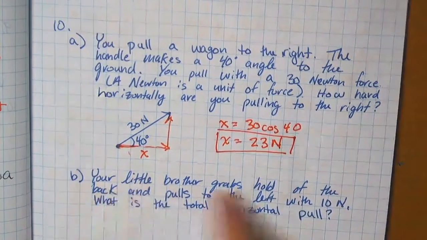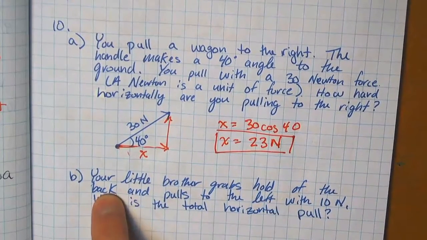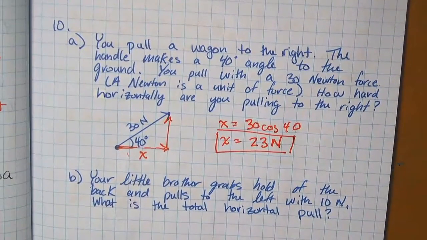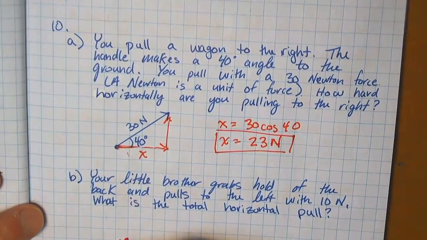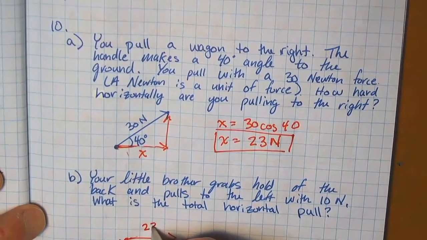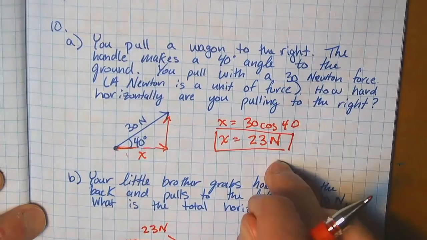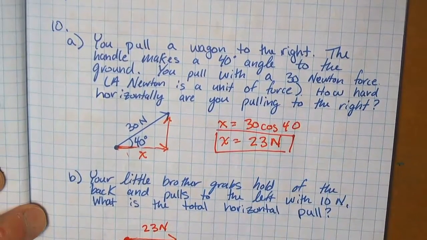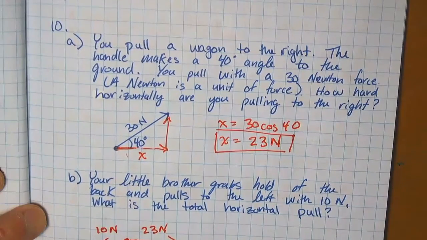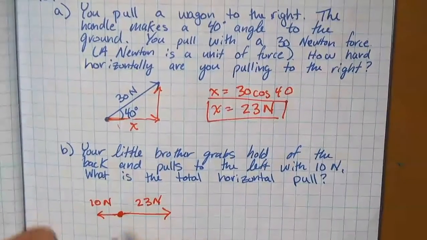Okay, so now it says your little brother grabs hold of the back and pulls to the left with 10 newtons. What is the total horizontal pull? Basically, I'm pulling to the right with 23 newtons, which is what we just found here. My brother is pulling to the left with 10 newtons. So what's the total horizontal pull?